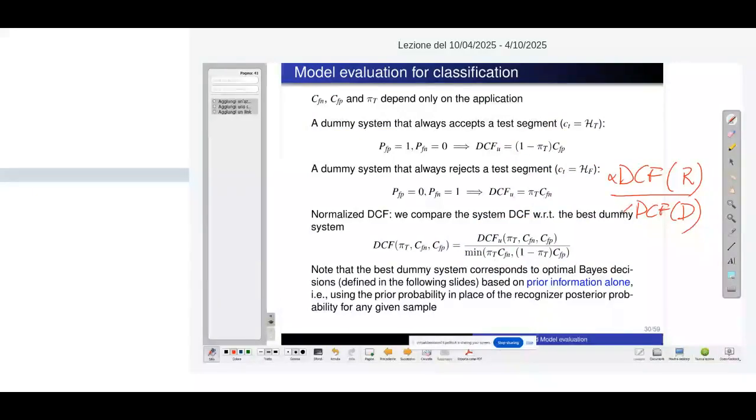If we rescale both detection cost functions by a factor alpha, so rather than using the original DCF, we use alpha times the original DCF in both cases, we will still get the same normalized cost.